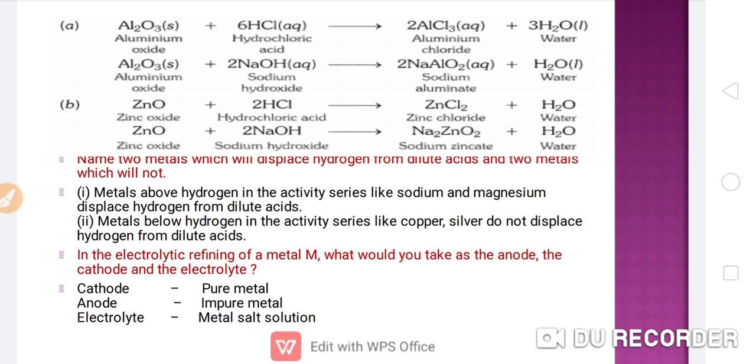But metals below hydrogen in the reactivity series, like copper, silver, platinum, gold, do not displace hydrogen from dilute acids. So this is the answer.